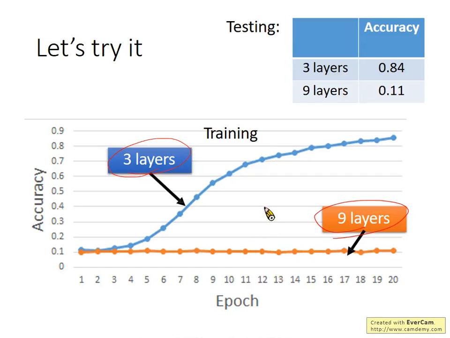So this is weird. This figure seems to show that deeper neural networks do not work. But why, in the beginning of 2010, did researchers go back to deeper neural networks?